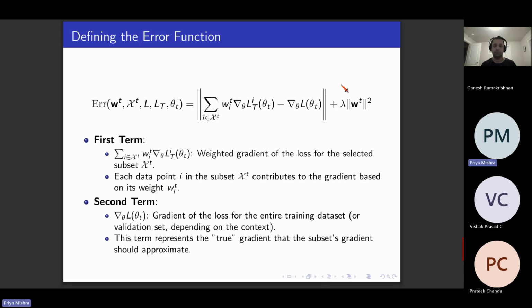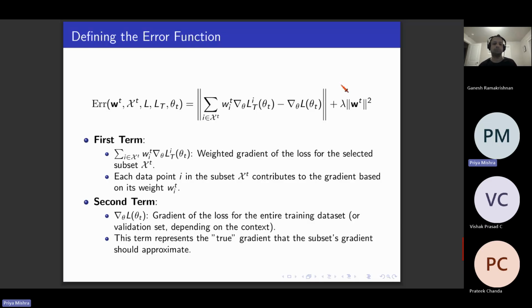The first term is basically the gradient of the loss function using the selected subset. I mean, a weighted gradient of the loss function using the selected subset. These weights are on each of the selected points in the subset, and the second term is the gradient of the loss function using the complete data set.